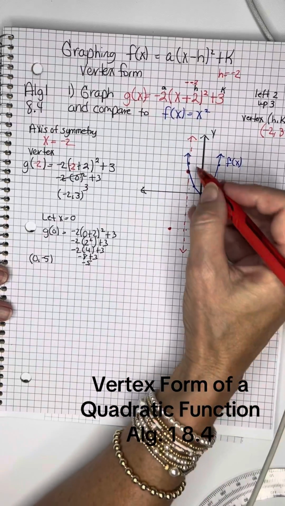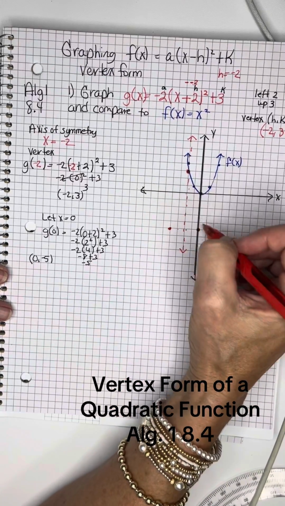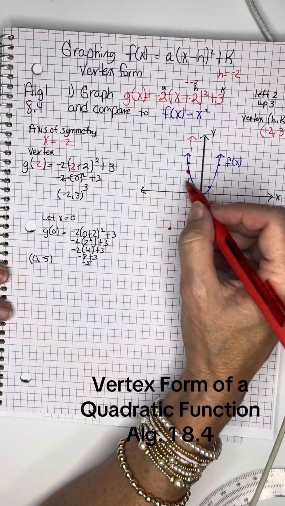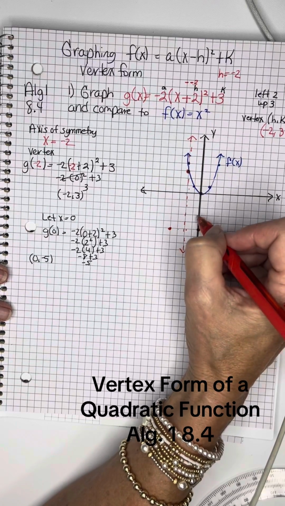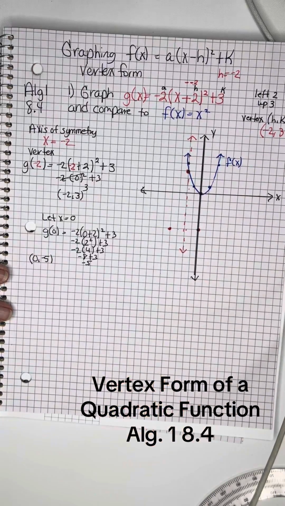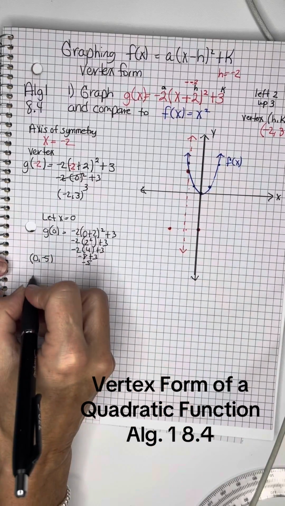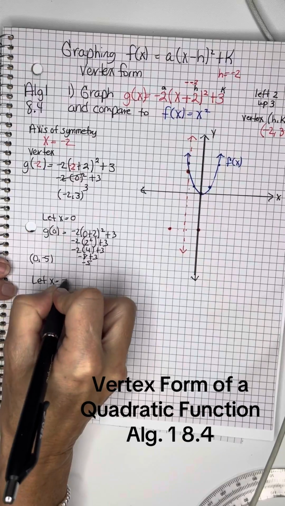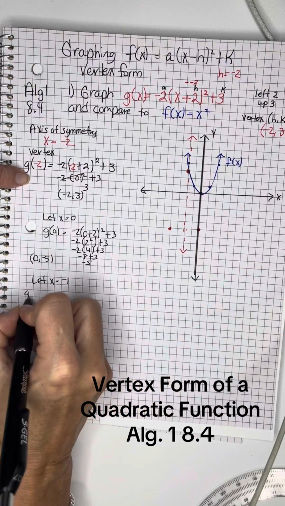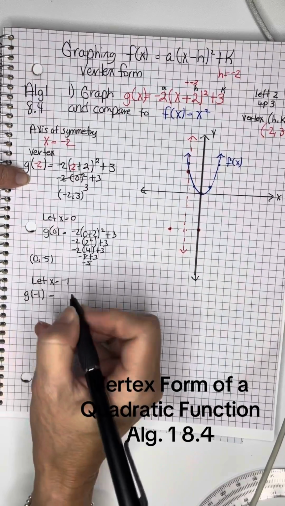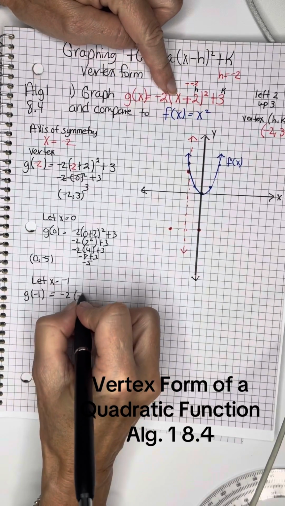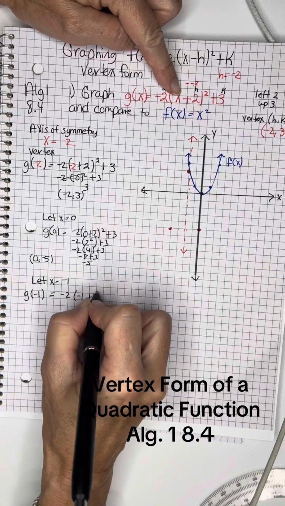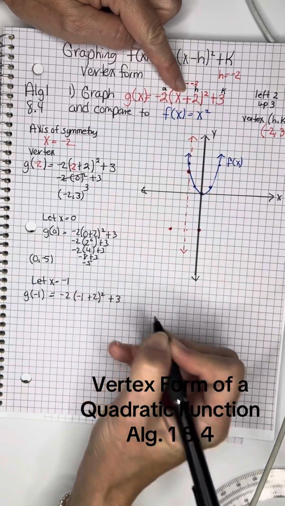Okay, I really have a long enough parabola, but I need one of these points in between here and here. So that's like negative 1. So let's let x equal negative 1 and plug it in and see where that would end. Okay, so I have negative 2 times negative 1 plus 2 squared plus 3.